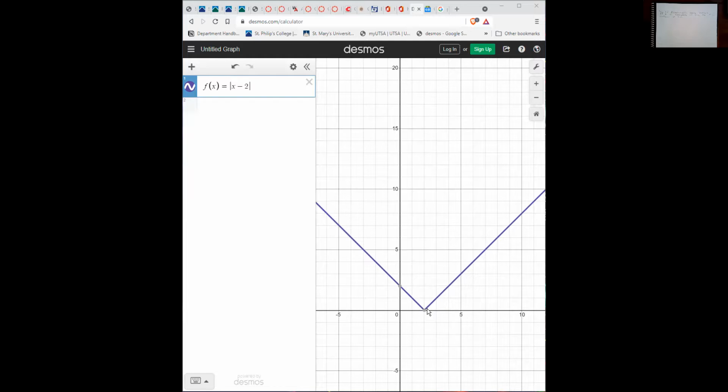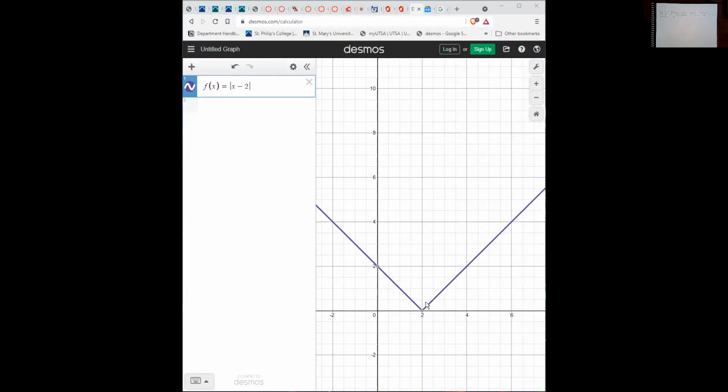See how it has a sharp corner at the bottom, the little peak. You cannot find the derivative at that point. You could try taking the limit at this point using the limit process instead of the shortcut, because the shortcut doesn't really work on absolute value types. You would end up with different values for the limit on either side, coming from the left and coming from the right, which implies that the limit does not exist, meaning the derivative does not exist at 2.